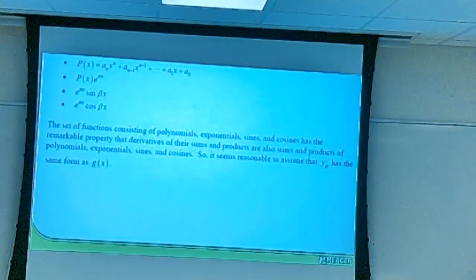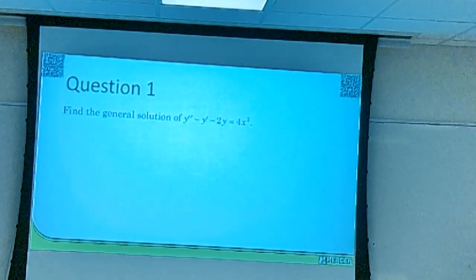Then your y of p is the same format as g of x. So if g of x is an exponential, your y of p is going to be an exponential. If it's a product of a polynomial and a trig function, then your yp is the product of a polynomial and a trig function. And we'll go in depth.